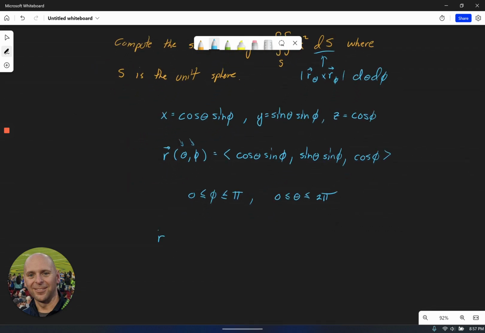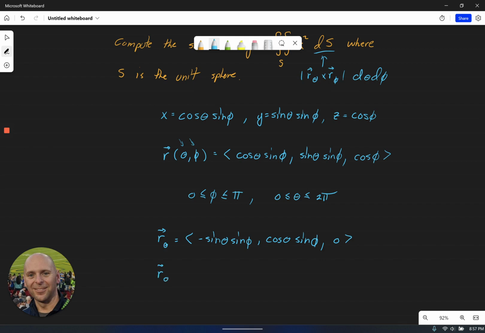And here r sub theta is going to be equal to the vector minus sine theta sine phi, cosine theta sine phi, and 0, since the z component doesn't depend on theta at all.